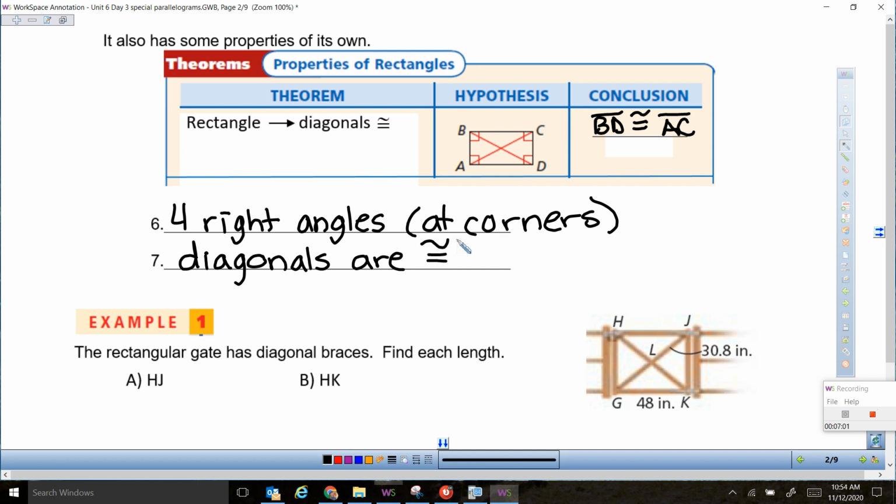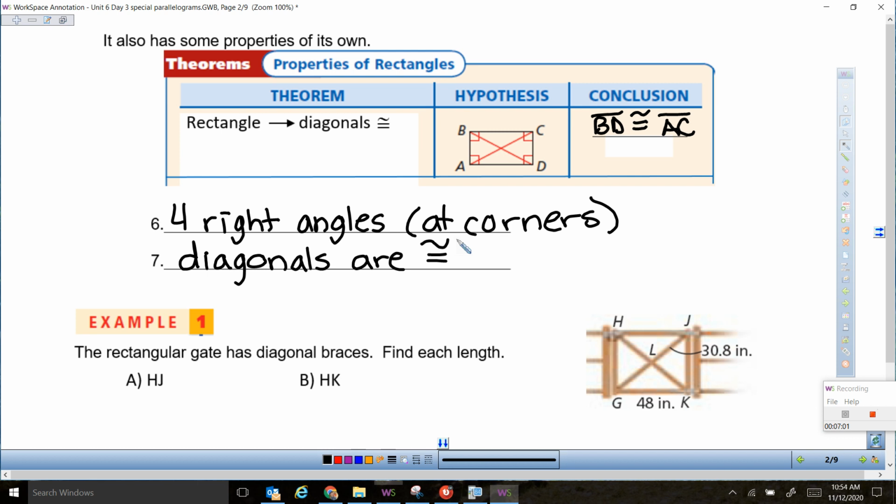And since a rectangle is also a parallelogram, the diagonals also bisect each other. So it has 2 properties about the diagonals. The diagonals bisect each other, and they are also congruent to each other.